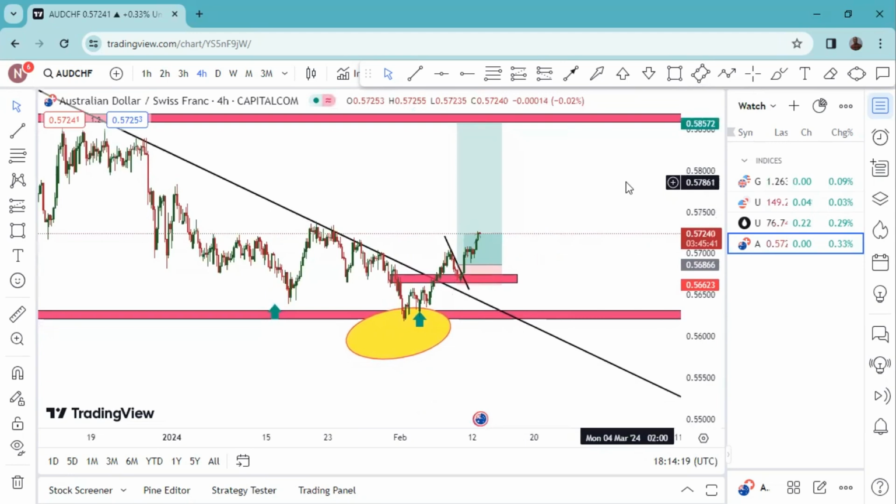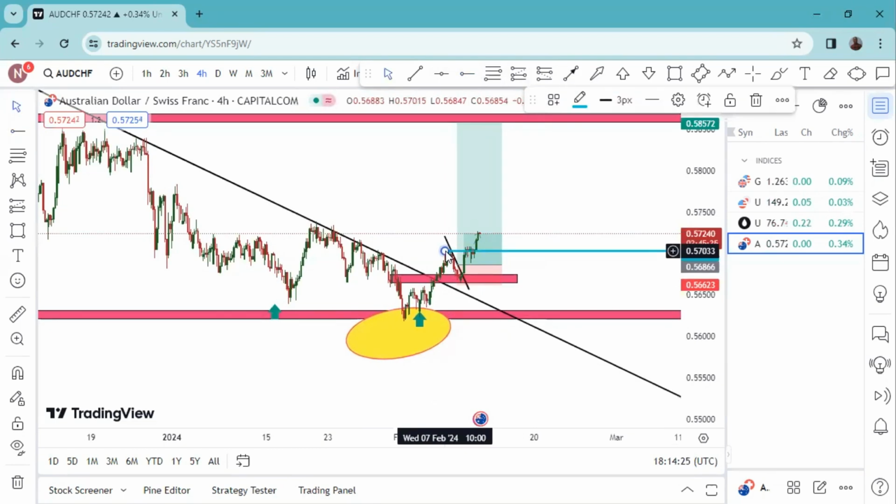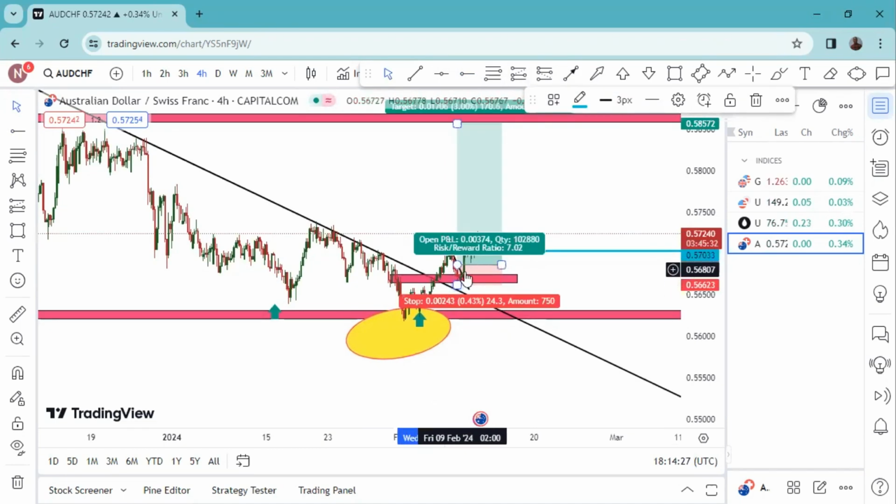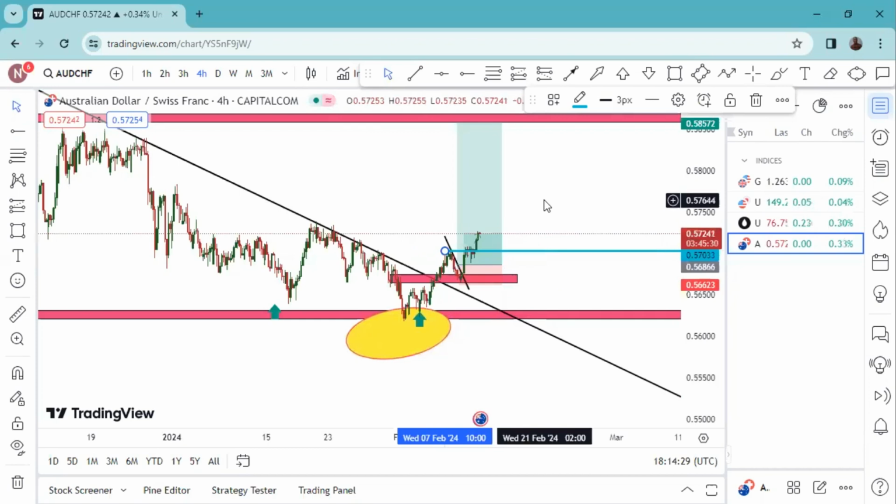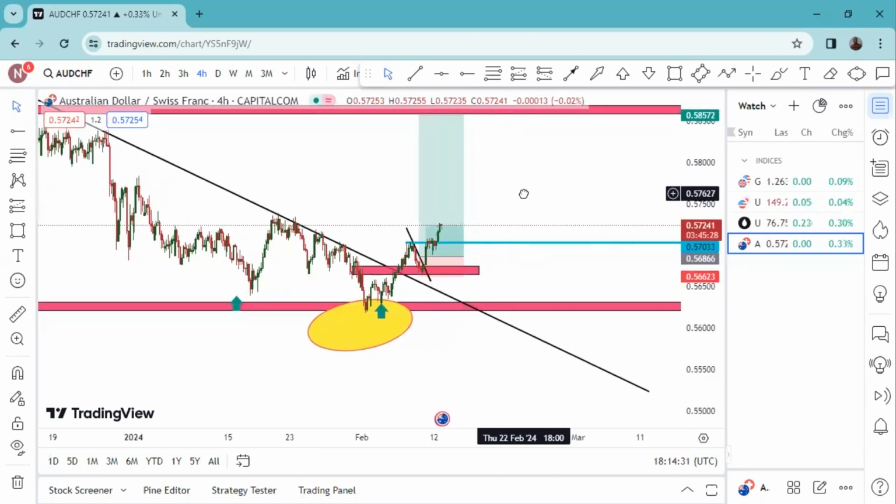Then, as you also know, I usually take my TP1 at the nearest level here. So I took 50% of my profit. That's how I do it.